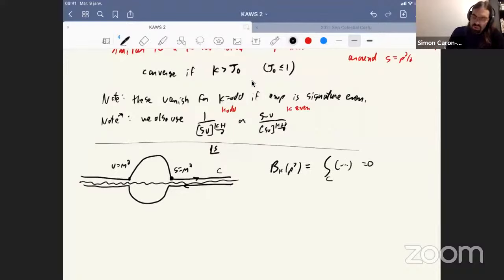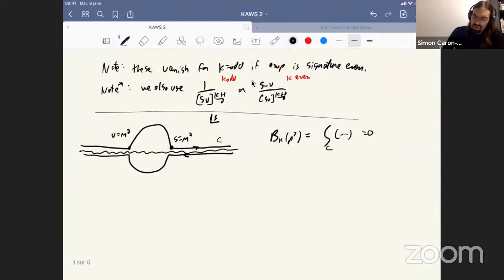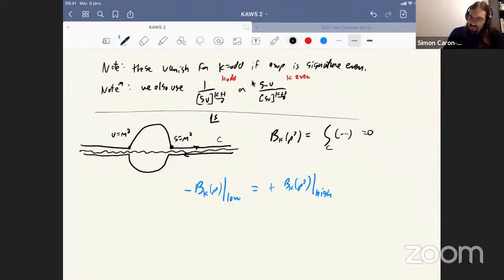And we get two contributions. We get one contribution from scale of order m square and one contribution from above. They have to add up to 0. So we get the all-important identity that minus bk p square, the low energy contribution, equals plus bk square, the high energy contribution.